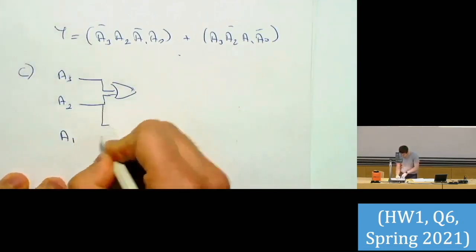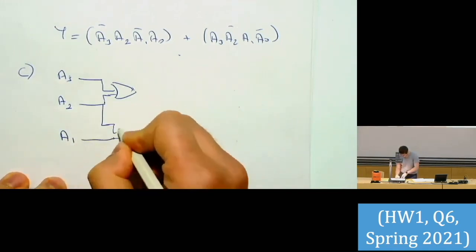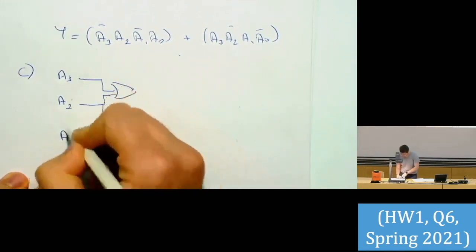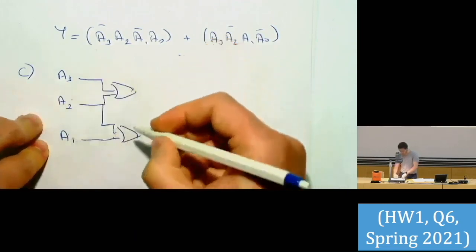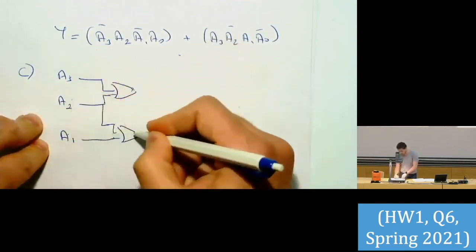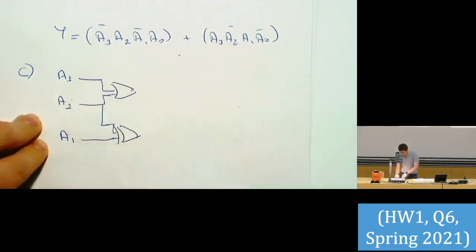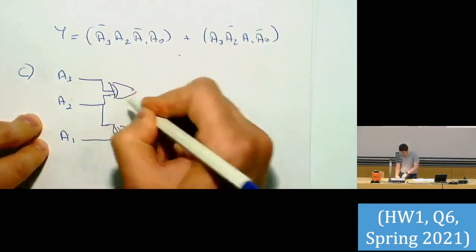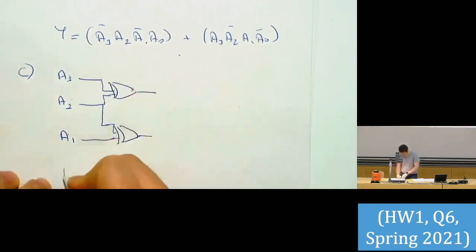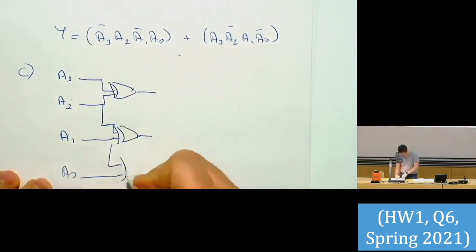For this one, when A2 and A1 are not equal to each other, then the XOR will give us the 1 again. So this is XOR. And for A0, probably you see where I am going.